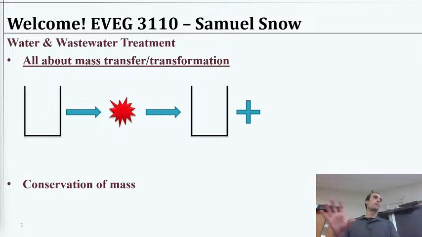Give you the big picture of what environmental engineering is about, focus that a little more narrowly to water and wastewater treatment, and then dive into some of the basics. Since we did not have class on Tuesday, I think we can catch up pretty well just kind of diving straight into it today. So that's my plan.